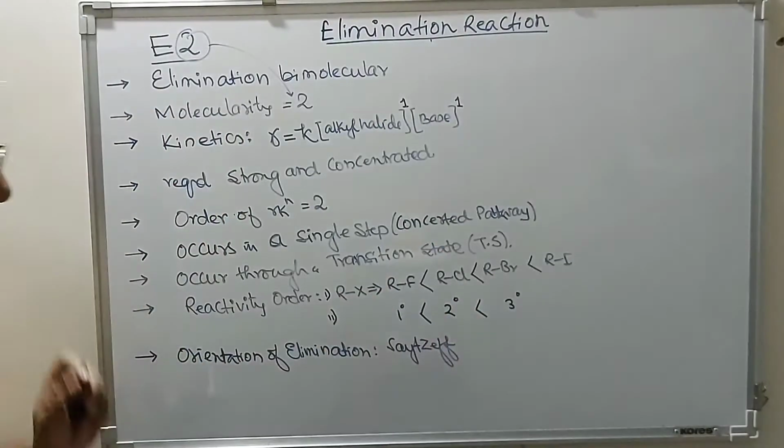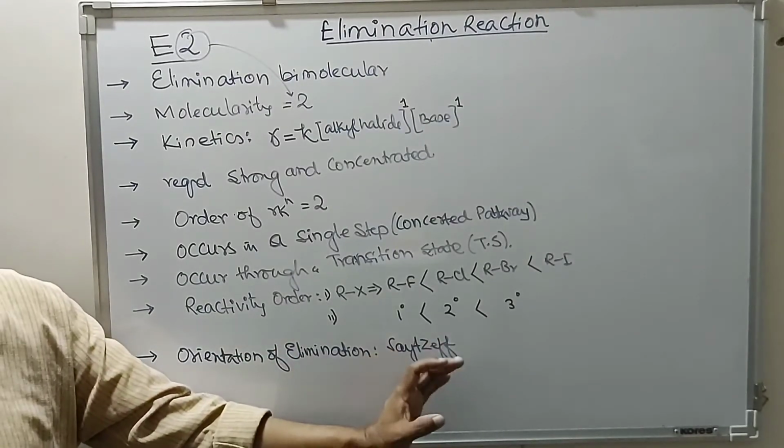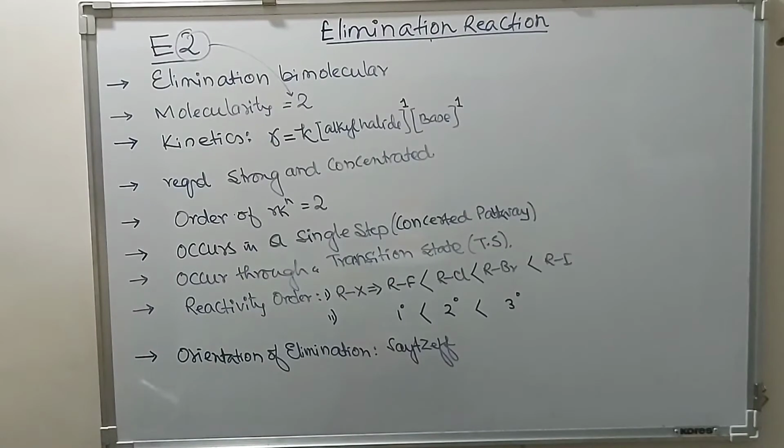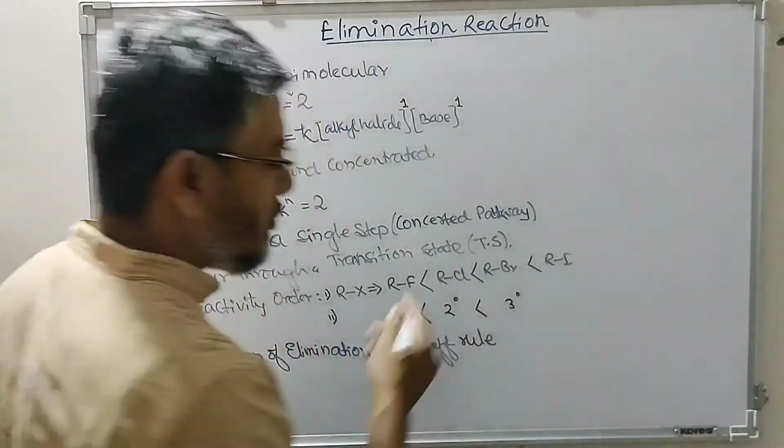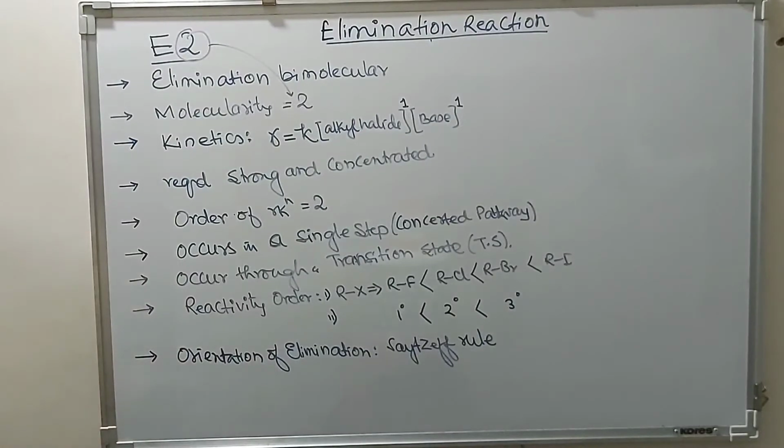That means more stable, more alkyl substituted alkenes will form as the major product. That is, the Saytzeff elimination product will be favored in a normal E2 reaction.